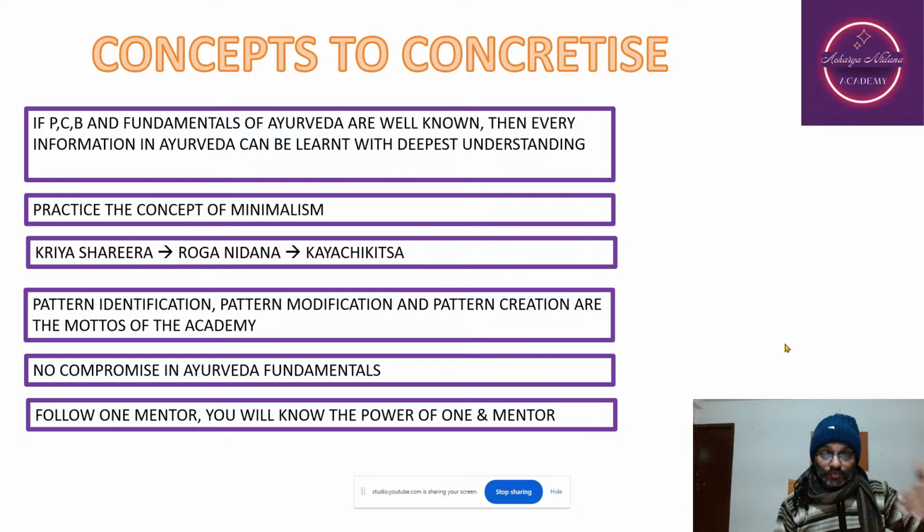If you observe one particular mentor's videos or speech continuously, you can identify what he said in the past, what he says at present, and what he may say in future. That is, prediction may be possible if you follow one particular mentor. Hence, try to follow one particular mentor in that regard.